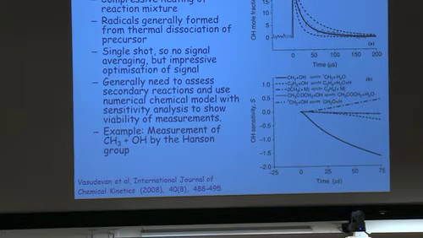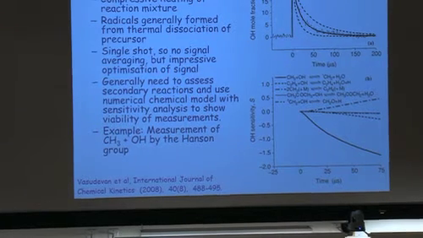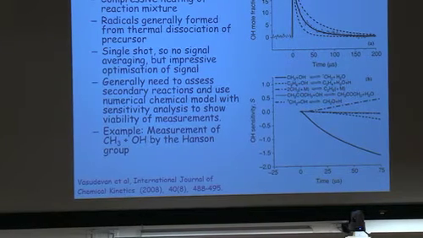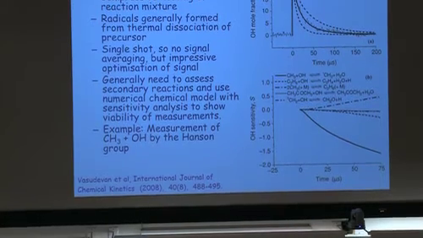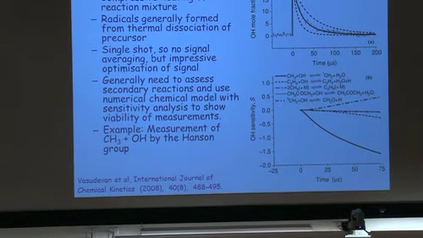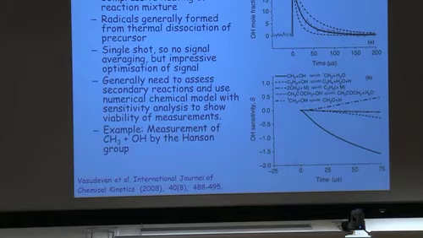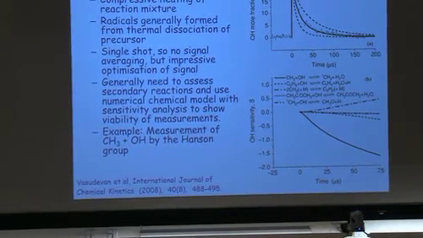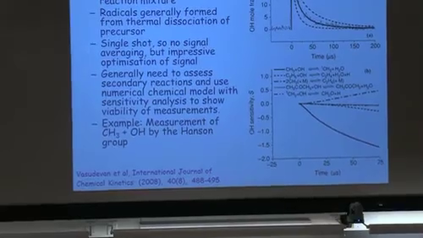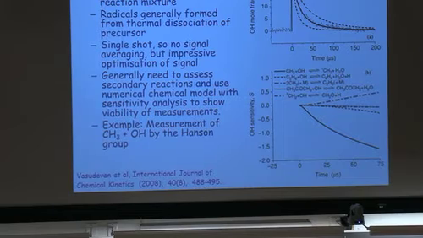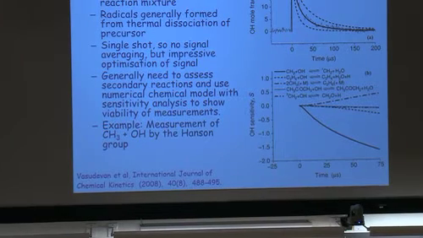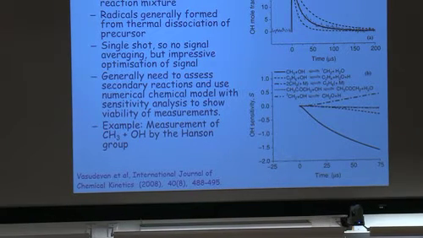One of the things that I omitted to say was that one of the crucial developments in shock tubes over the past several years has been the use of laser diagnostic techniques, and that lies behind much of Professor Hansen's lectures, and his group has been central to the development of these diagnostic techniques for shock tubes. So what they can do is look at multiple species using highly sensitive techniques. Although they can't get away from the secondary reactions, they can reduce them in importance.